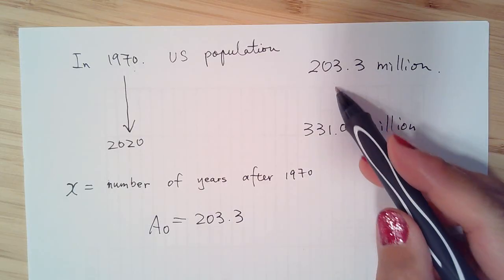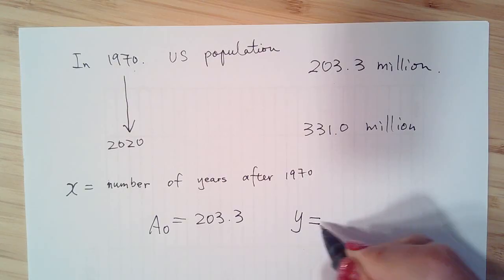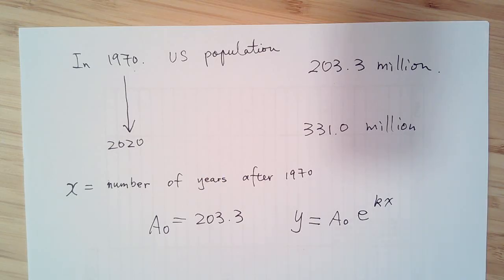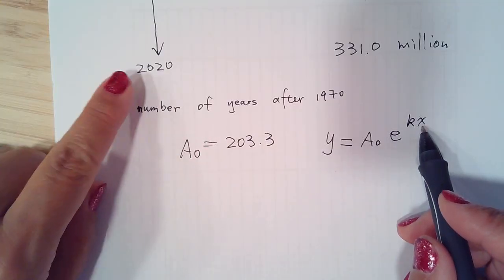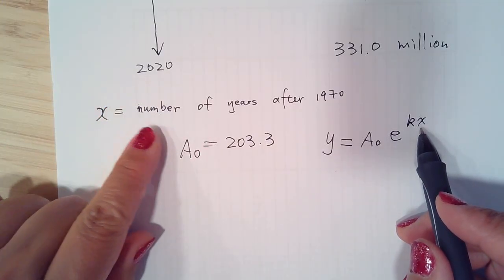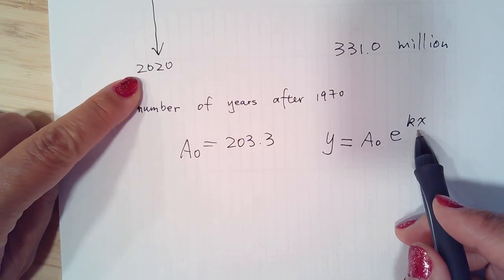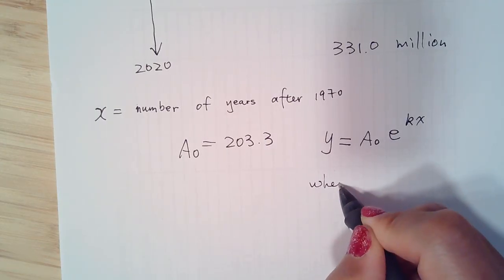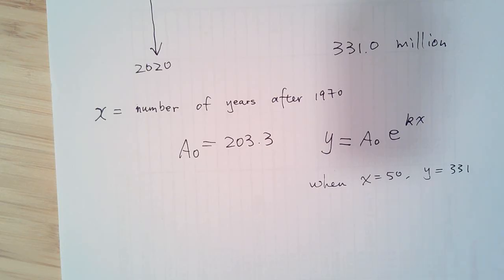And because it's growing, it's a growth function, so y equals a0 e to the k x, remember this one? When x equals, in 2020, what will be the t? The number of years after 1970. So this 2020 is 50 years later, isn't it? So that means when x equals 50, y is 331.